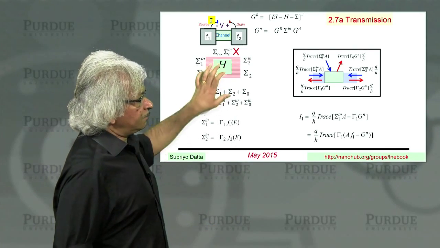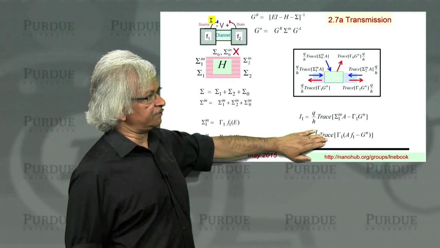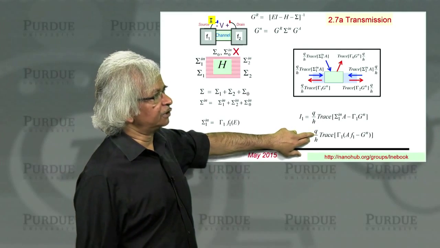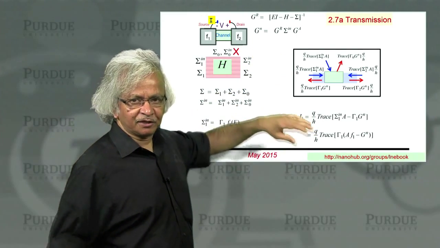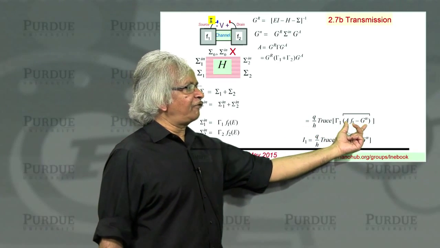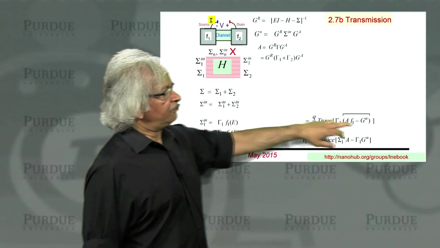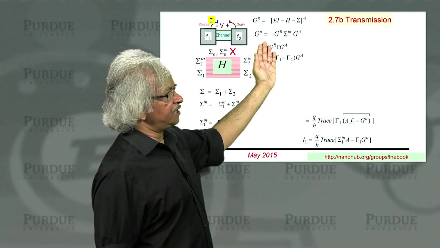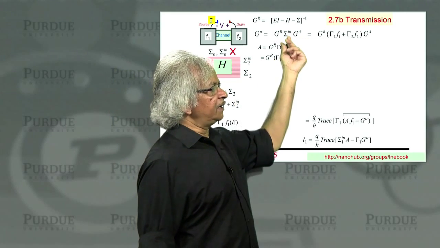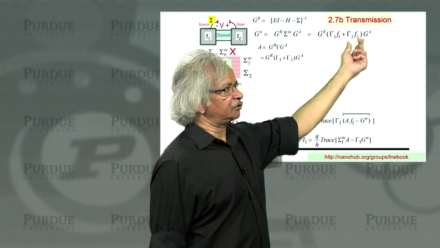Now, but let's for the moment forget that and assume this is true so that the current is given by this expression. And we'll now proceed to do a little algebra to put it in the form of this transmission formalism. So we have this A F1 minus Gn, and we need to simplify that. So first thing is we start with the expression for Gn, which is Gr sigma n Ga, and sigma n has two parts, the sigma n due to contact 1, sigma n due to contact 2.